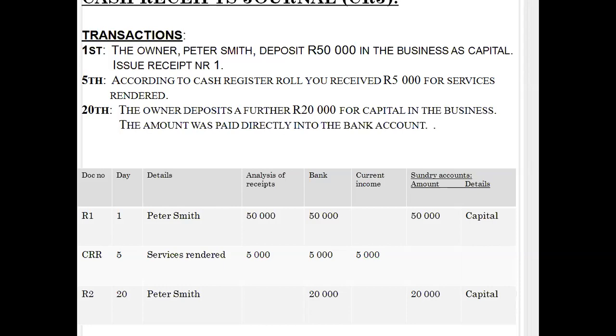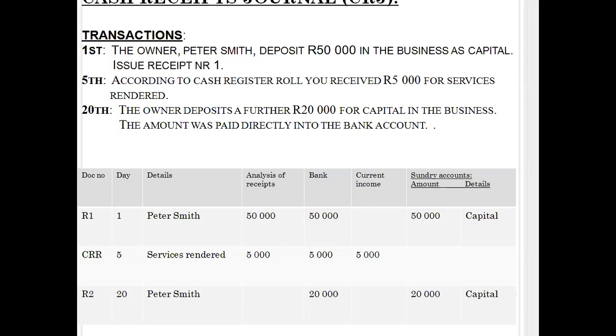Then with details, do you see, guys, is there the name of a person in the transaction? No. So what do you then do with details? You write the words services rendered. The amount, 5,000 Rand. 5,000 Rand will go to analysis of receipts. You will see it will go to bank and it will go to current income.